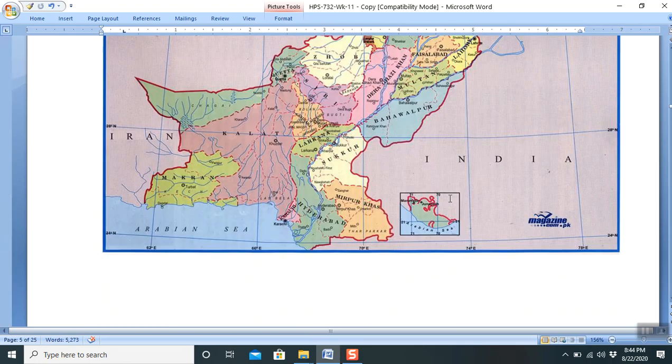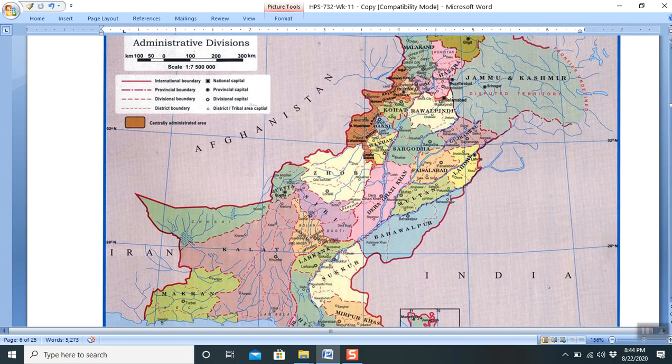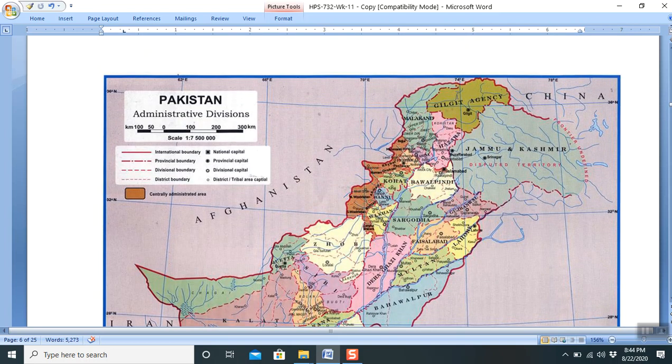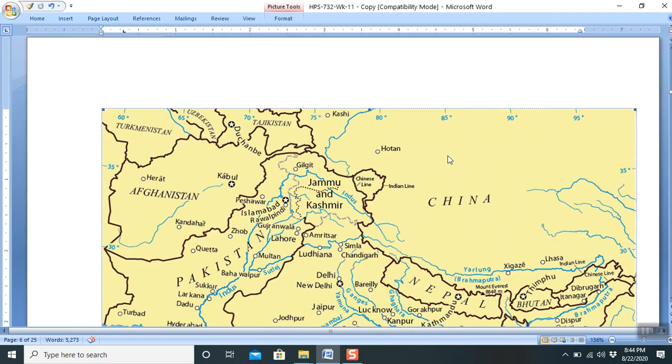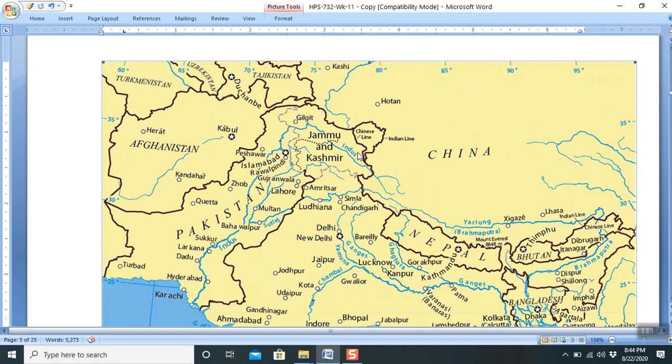And the rivers that run through: the areas are the mountains, the Karakoram range, and the river Indus. You see here that the Indus River starts from here, this is Mansarovar in the Chinese region.